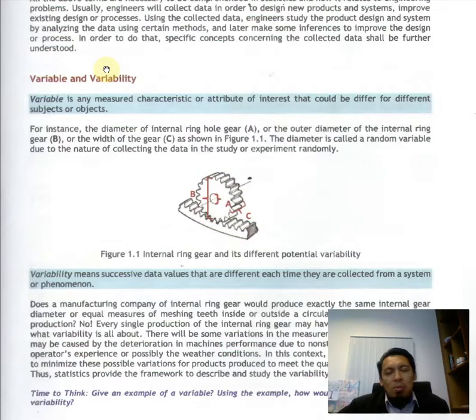Let me try to give a bit of an analogy. If in your class you have a lot of different CGPAs from 2.0 till 4.0, and a lot of numbers in the middle, when somebody asks what is this class's performance, I might need to take all of the data and analyze it using statistics.